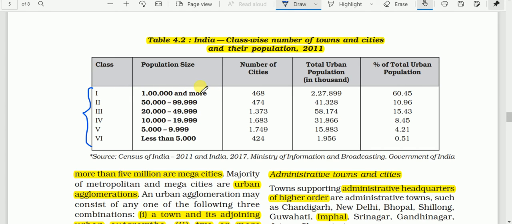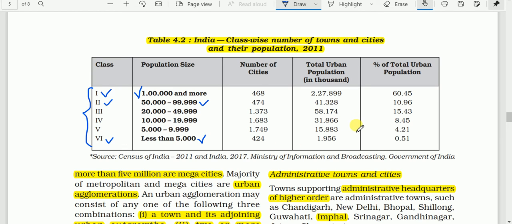If the population size of the town is 1 lakh or more, it is known as class 1 town. Next, if the population size is 50,000 to 99,999, it is known as class 2 town. And if the size of population is less than 5,000, it is known as class 6 town.